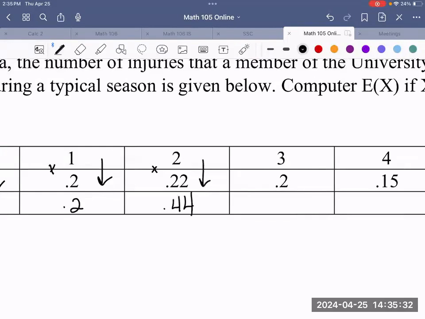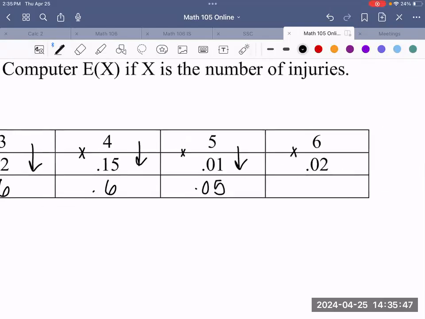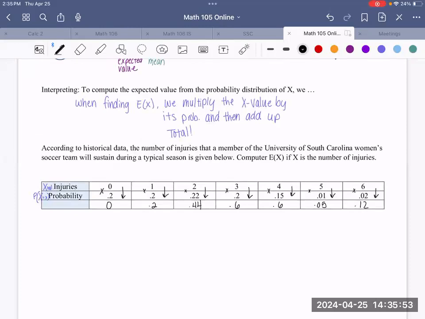See if you can pause the video and get the remainder. There you go. So for your expected value, you are multiplying down, and then let's add them all up.